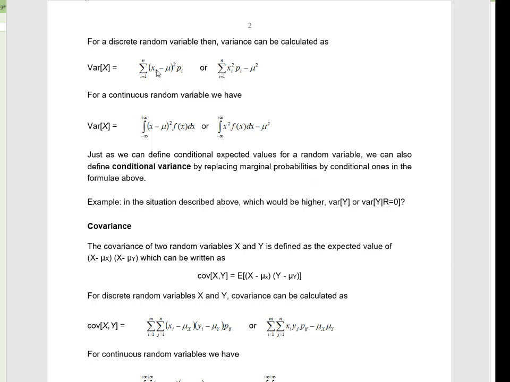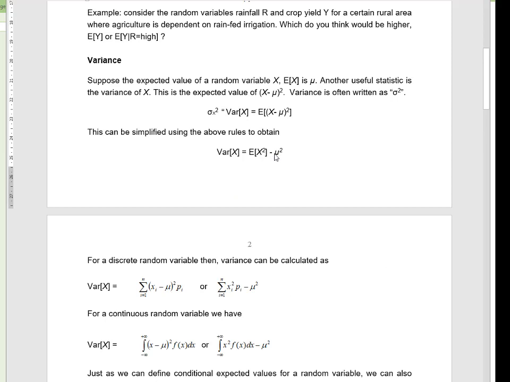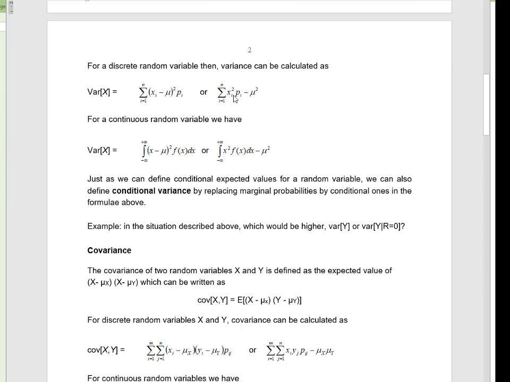So you can take each value, work out the distance from the mean, multiply it by the probability of getting that value, or you can use this one, which is often simpler to work out. So it's just square all the values and multiply those by each probability, add that all up, and after you've done all the addition, then just subtract mu squared at the end. When it's continuous, it works out very similar, just that you're integrating instead of adding with a summation.